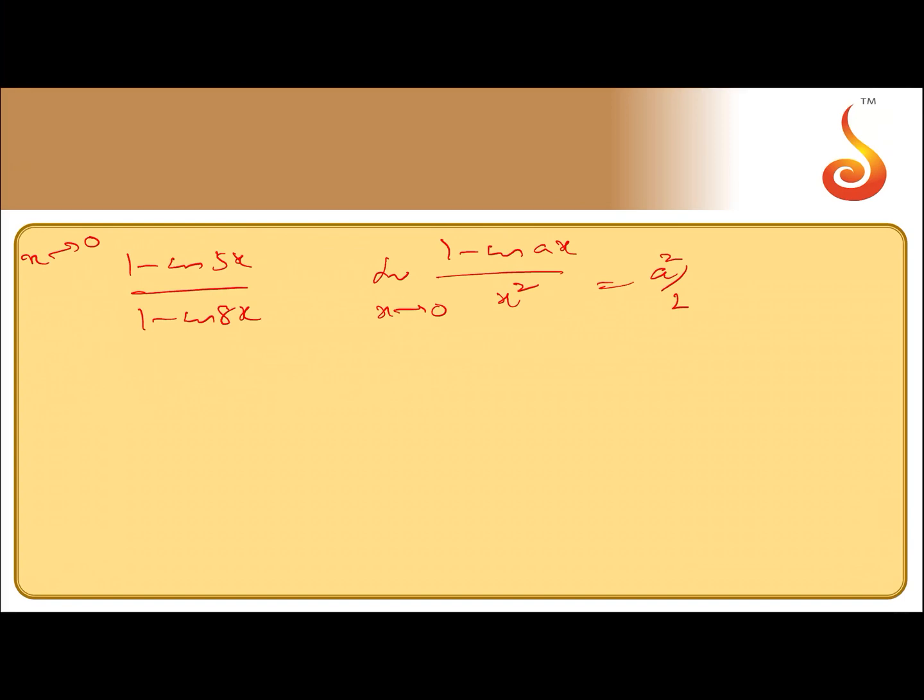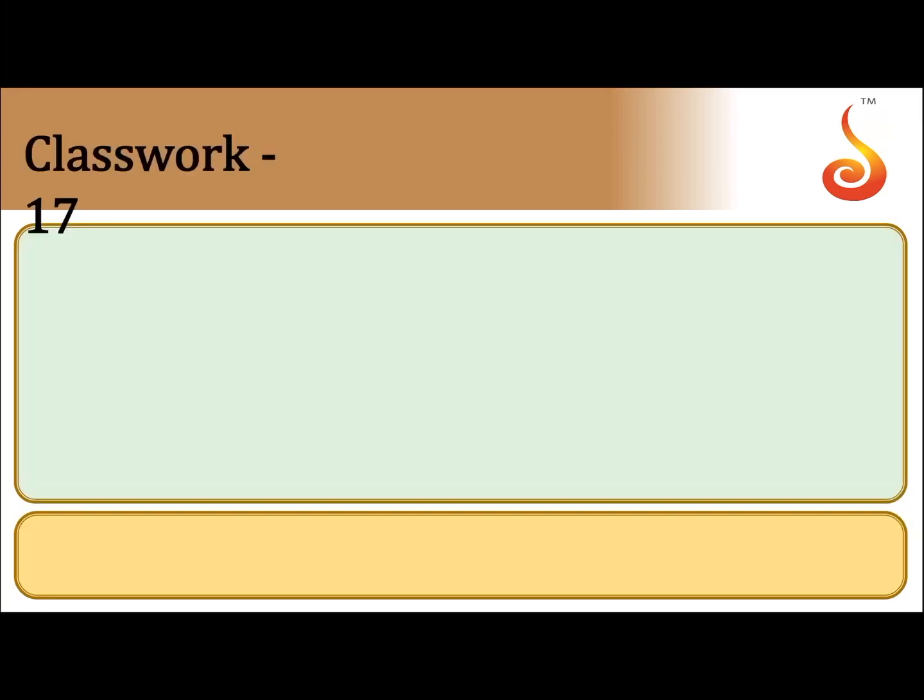We use this concept, so I divide this numerator by x square and the denominator by x square. Clearly the answer is 25 by 2 divided by 64 by 2, so the answer is 25 by 64. The answer is A.